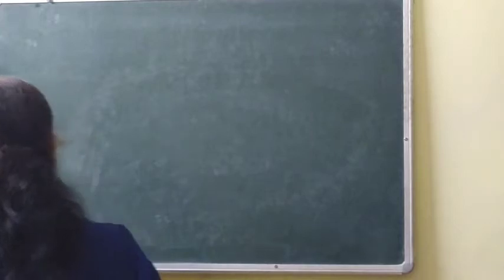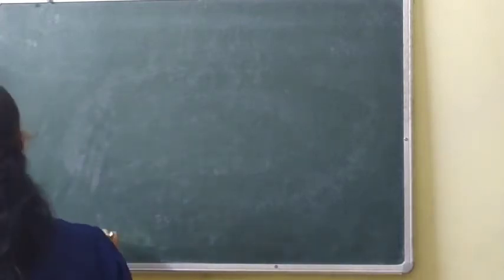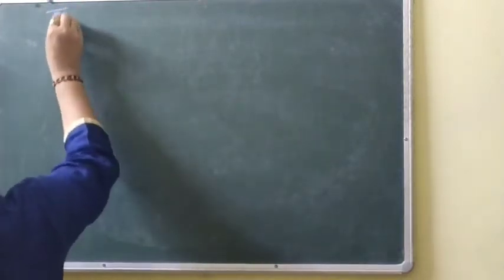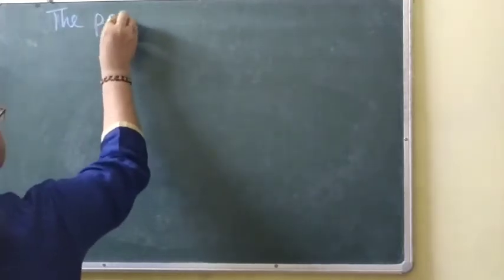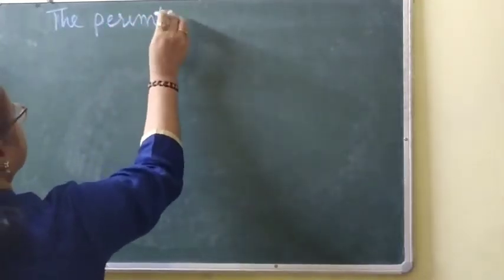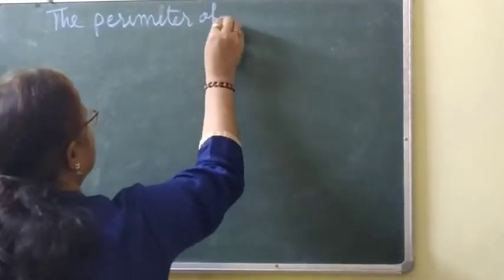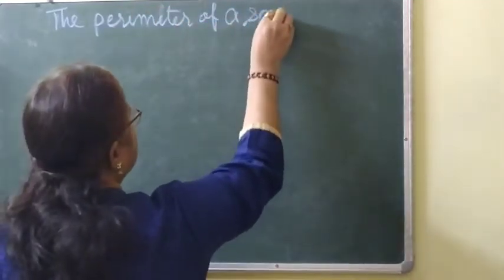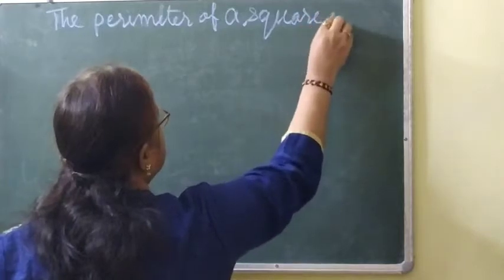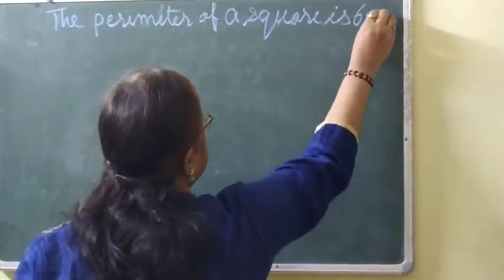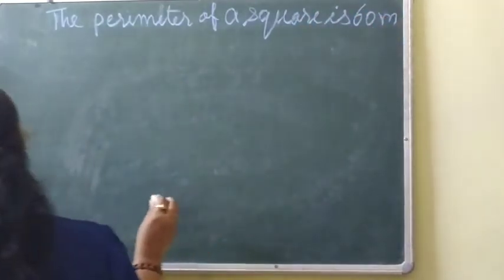Now the next is, the perimeter of a square is 60 meter.